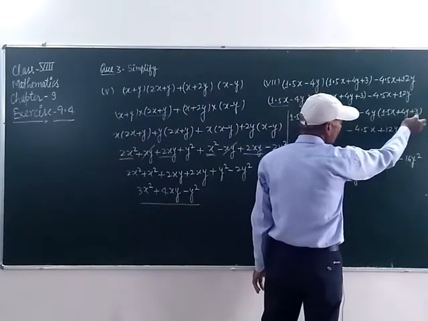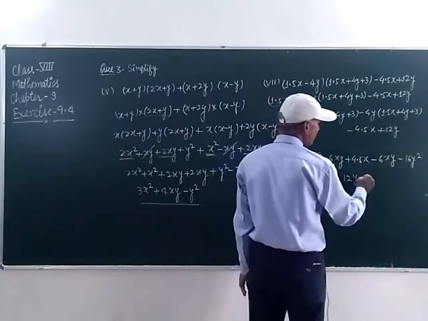Clear student? Minus 4y into 3, it will be minus 12y.